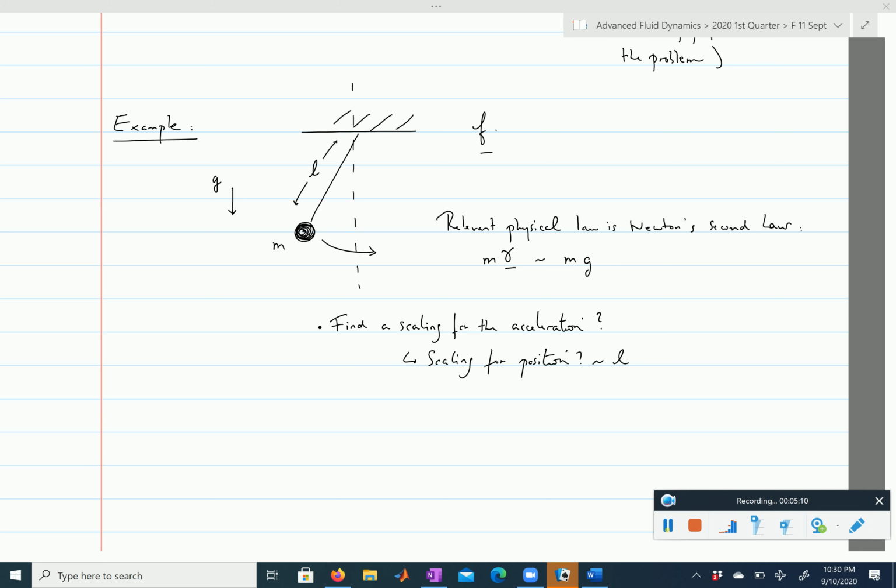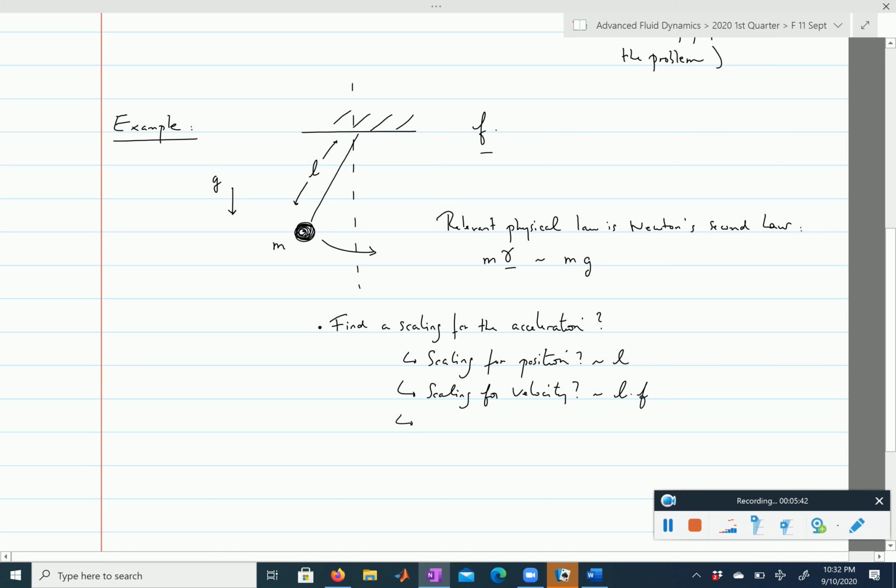Alright, so if the position scales with L, then what is the scaling for the velocity? Well, the position is going to change on an order of magnitude of L over a time scale, which is the period, which is 1 over the frequency. So a scaling for the velocity is going to be L times the frequency.